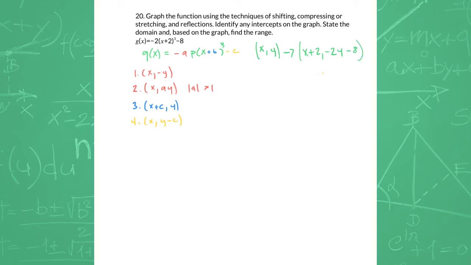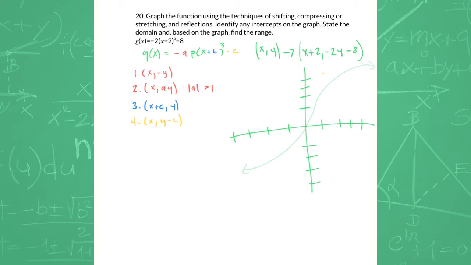So let's go ahead and graph this function using our techniques. And we'll start by graphing the parent function. So we know that the parent function x cubed looks something like that. All right.